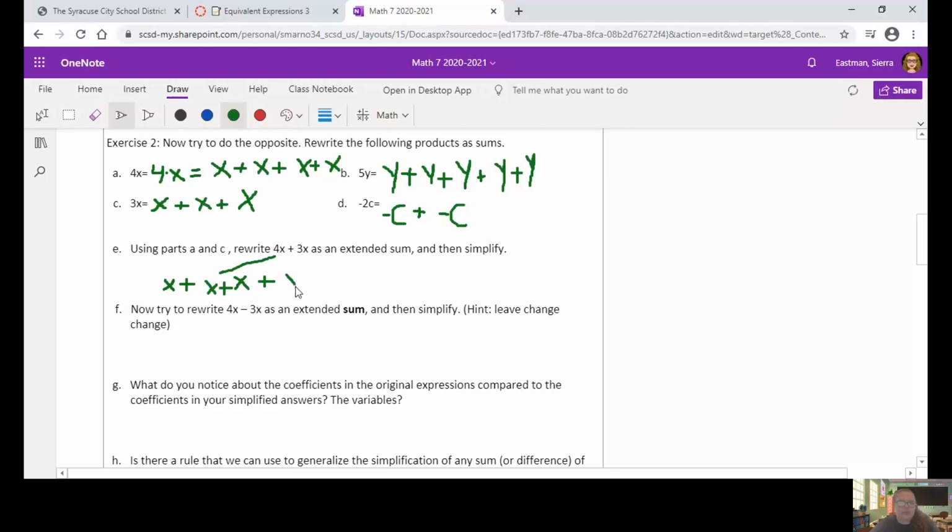And I did that in green. But now when I extend my 3x using part C, I'm actually going to change the color for now. And I'm going to put those in red. Okay, so far I've just copied part A and part C.